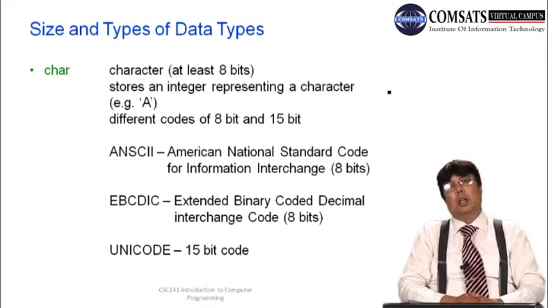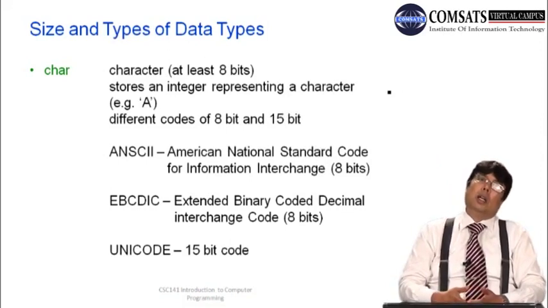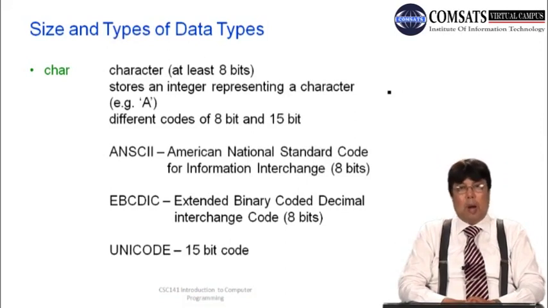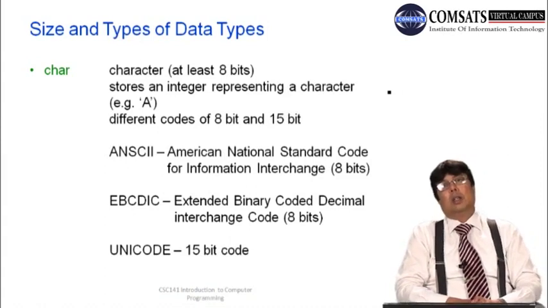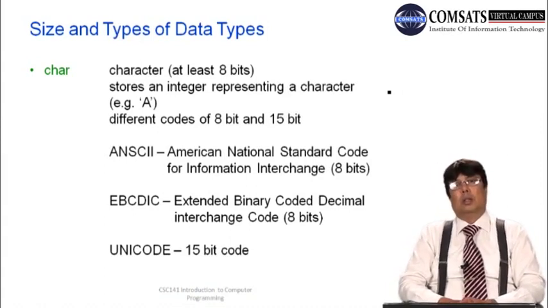IBM machines used to have their own code. They called it EBCDIC code, Extended Binary Coded Decimal Interchange Code. It was also an 8-bit code. Now we have got another code which is called Unicode.